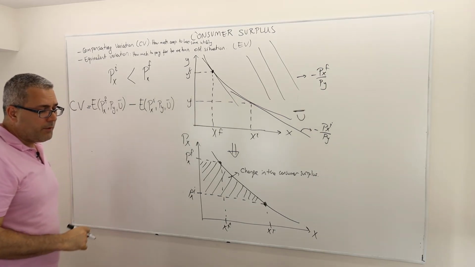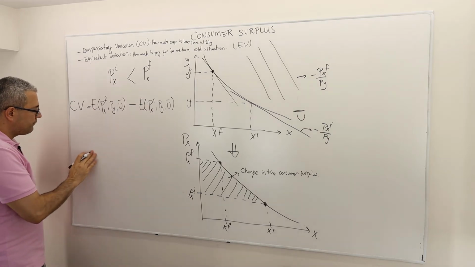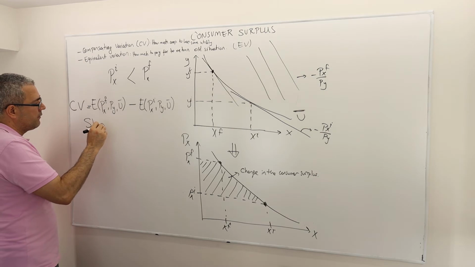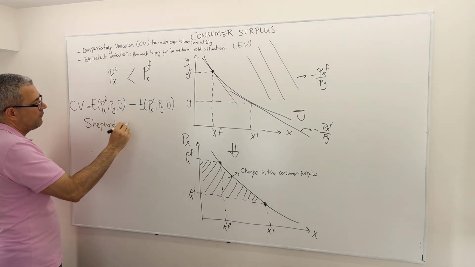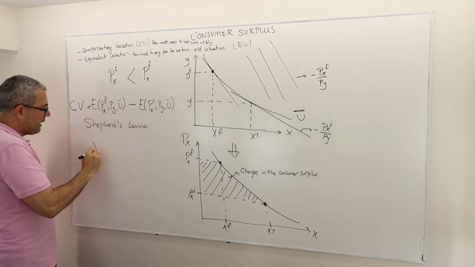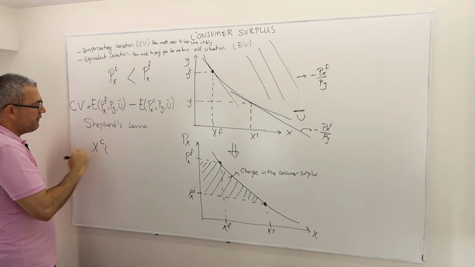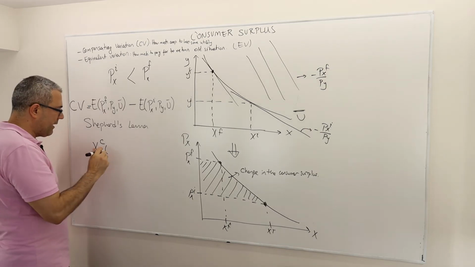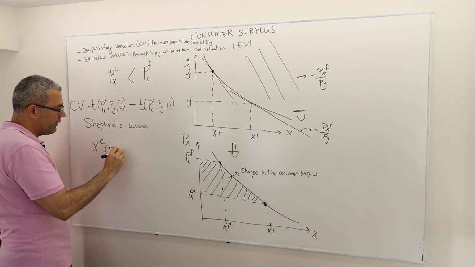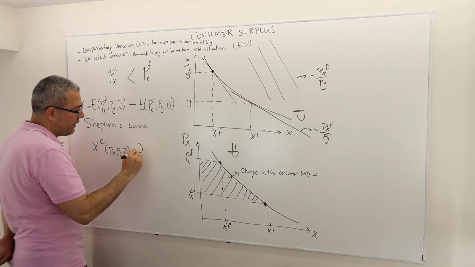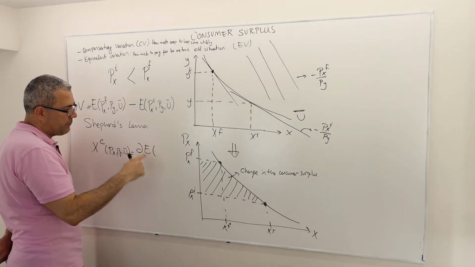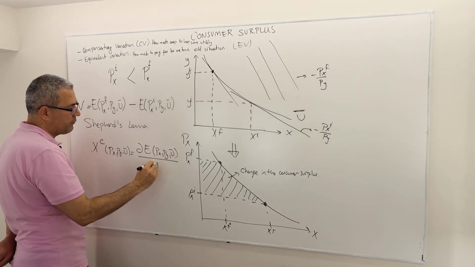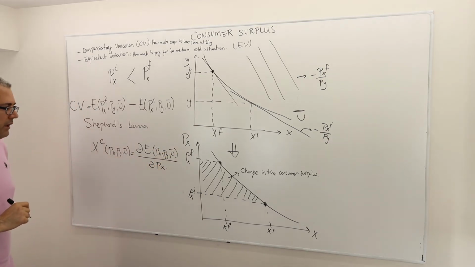Well, what I'm going to do is the following. Look, if you remember Shepard's lemma, Shepard's lemma says the Hicksian demand under Px, Py, and the utility level U bar is in fact the partial derivative of the expenditure function under Px, Py, and the utility bar with respect to the price of good X. Right?